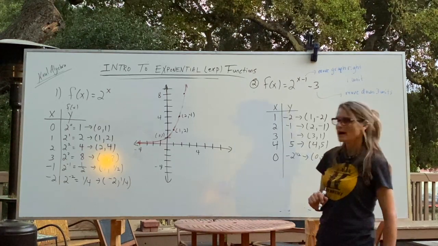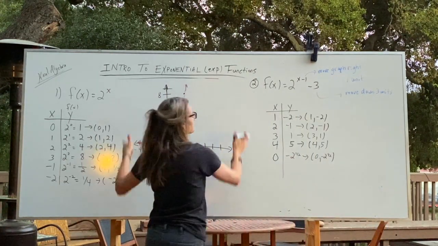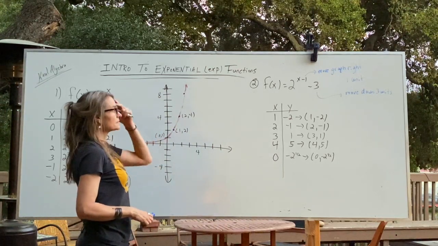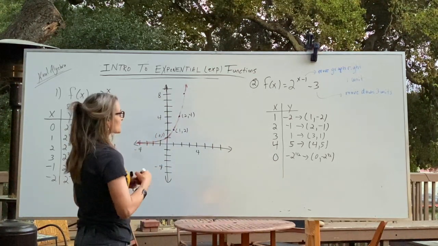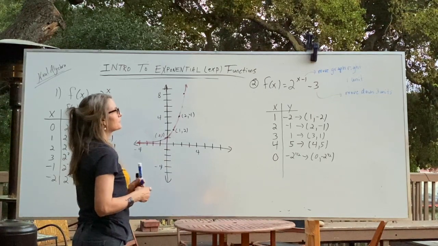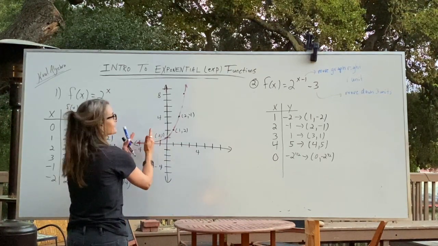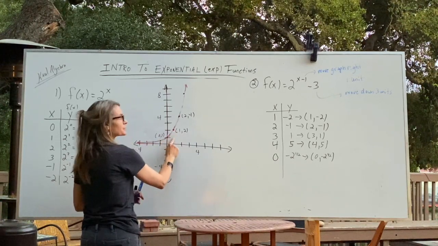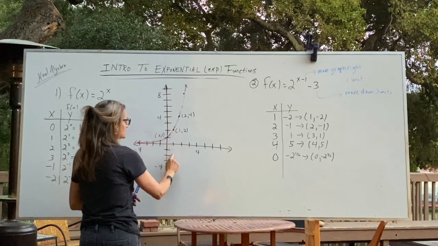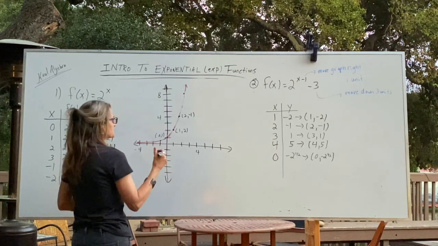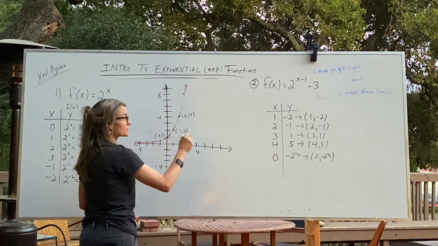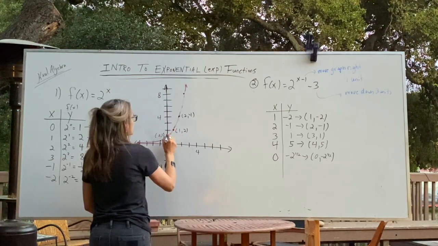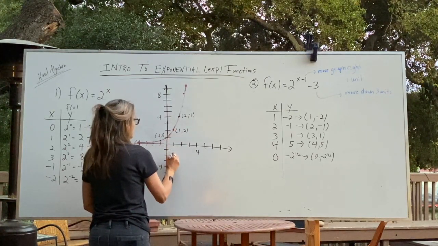Okay, so I'm going to go back and plot these all together on the same graph, and I can compare the differences. So 2 to the x minus 1 minus 3, I predict will be this graph, and it's going to move it over to the right one. So every point moves to the right one and down 1, 2, 3 units. So let's see if that correlates with the values I have. I get 1, negative 2. So 1, negative 2 is right here.